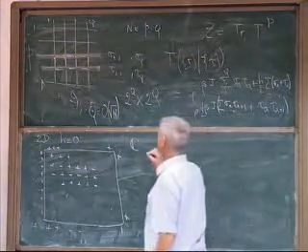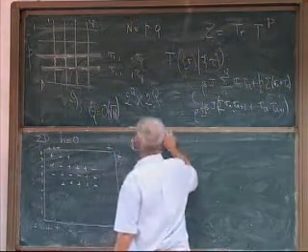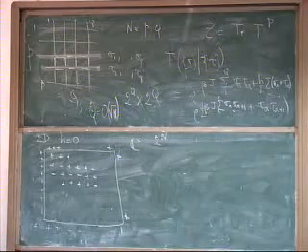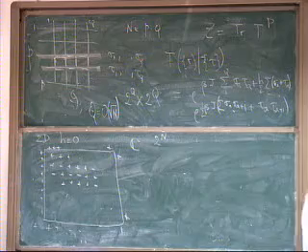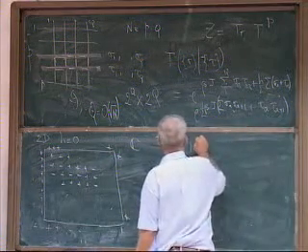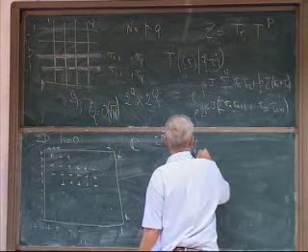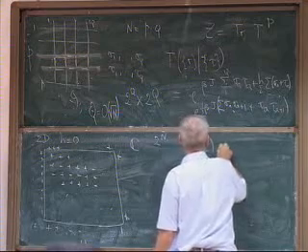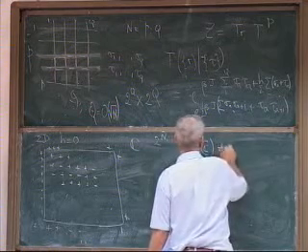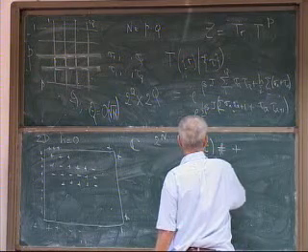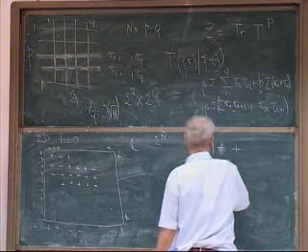As we know, there are 2 to the n configurations. And for configuration C, I will call n plus of C the number of spin-up, n minus the number of spin-down.